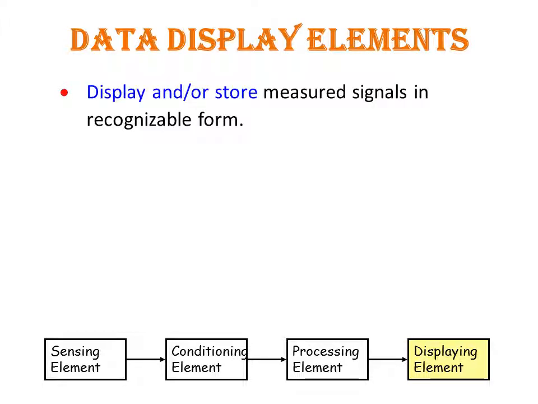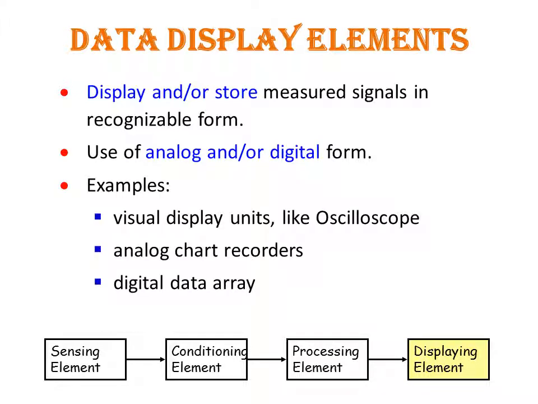The last block in the measurement system is the displaying element. This displays or stores the measured signal in a form recognizable by the observer, in analog or digital form. For example, it can be an oscilloscope which gives the measured variable display, or it can be chart recorders, or it can be a digital data array.